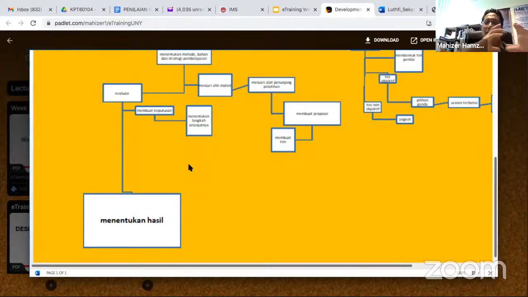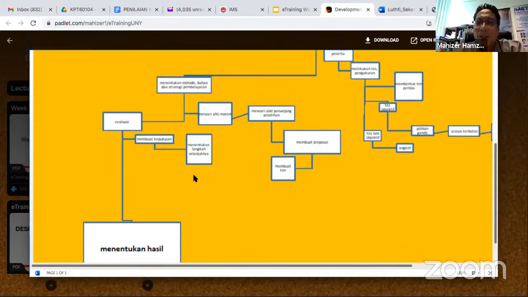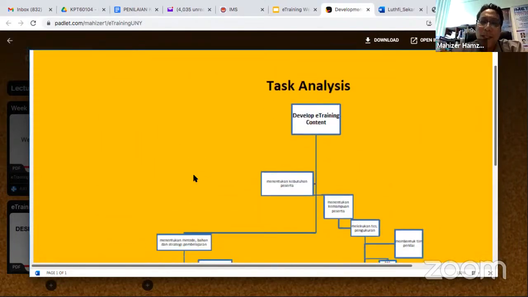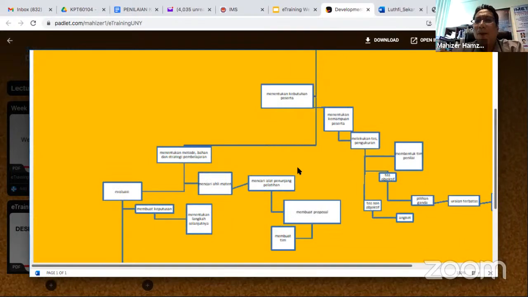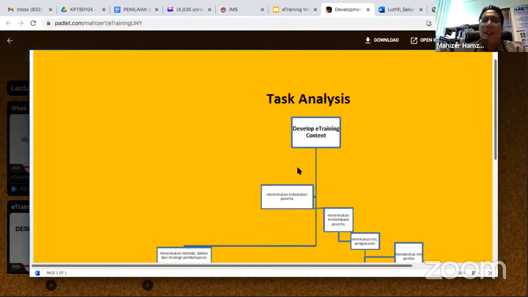This is the learning outcome for unit 1. Learning outcome means whatever skill you have to cover in that unit. Unit 3, whatever skill you have to cover in unit 3 is the learning outcome for it. So this is the guide on how to develop the content in every unit, and also to guide you to identify the learning outcomes for every unit. That is the purpose of doing this task analysis.